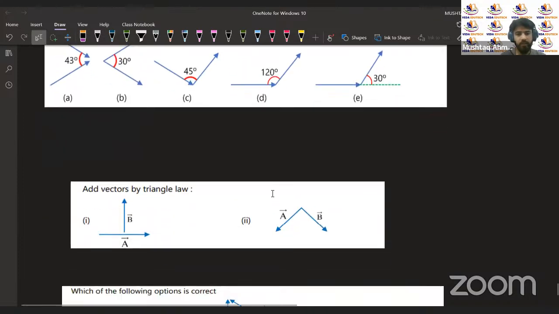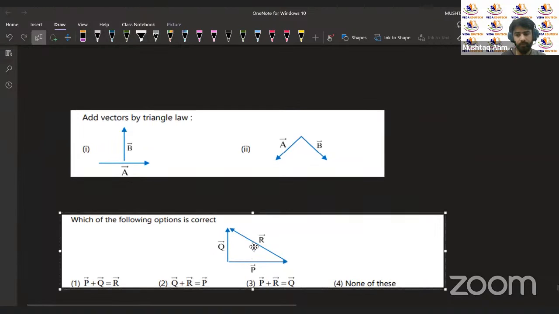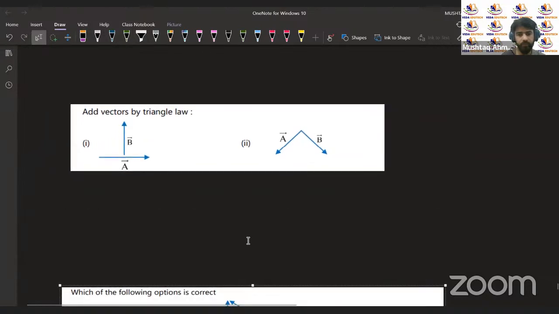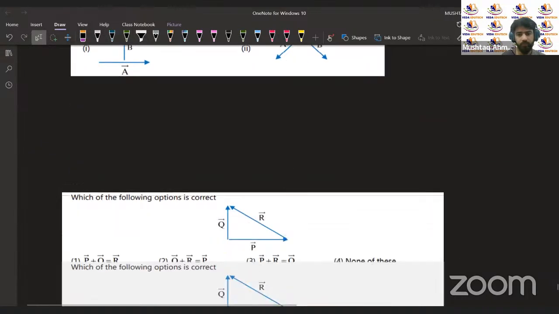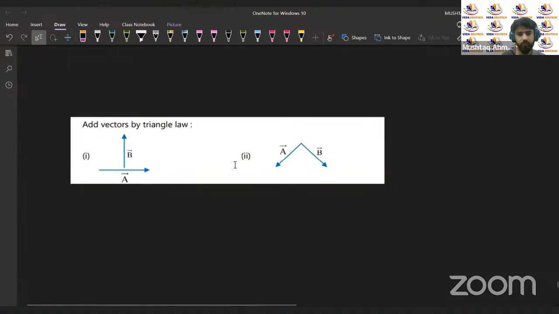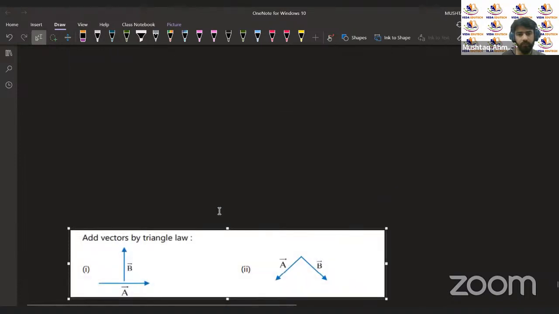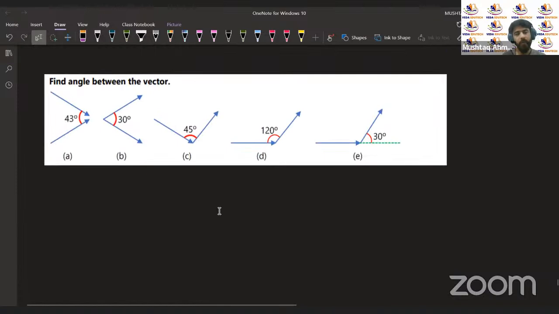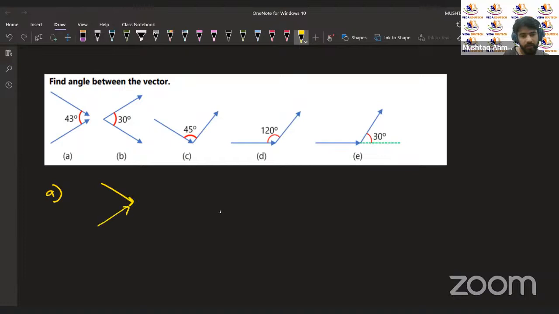Let's see the different cases here. In example A, we have one vector like this and another vector like this. It's given that this angle is 43 degree. Now we have to find the angle between these two vectors.